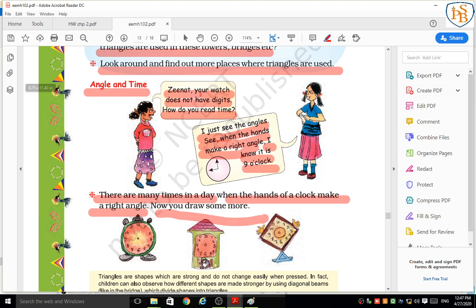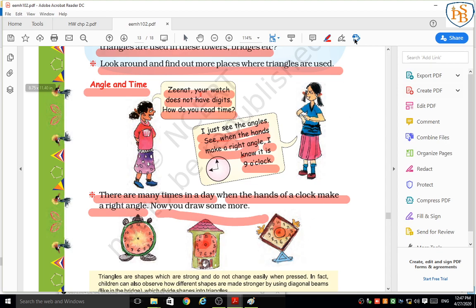Correct, one is 9 o'clock, we can see over here 9 o'clock, right angle. Then, very good, 3 o'clock. How to read a clock or how to say the time, we already learned in class 3. We are using different hands, correct? Very good. So the minute hand is on number 12.